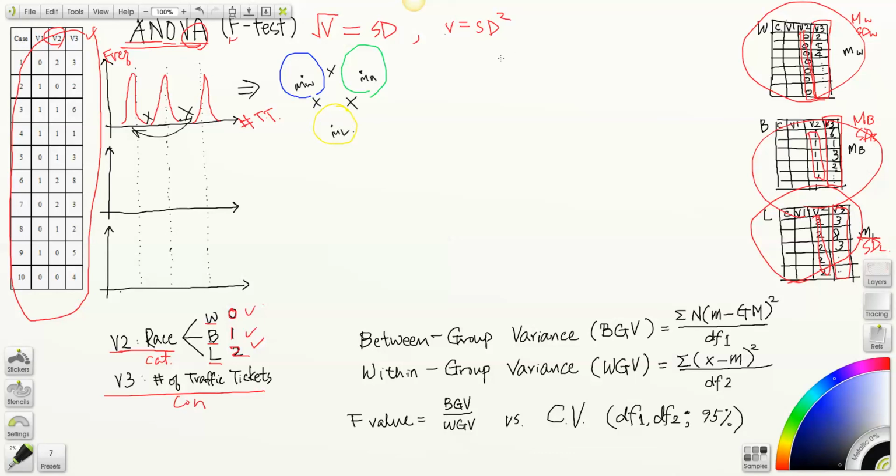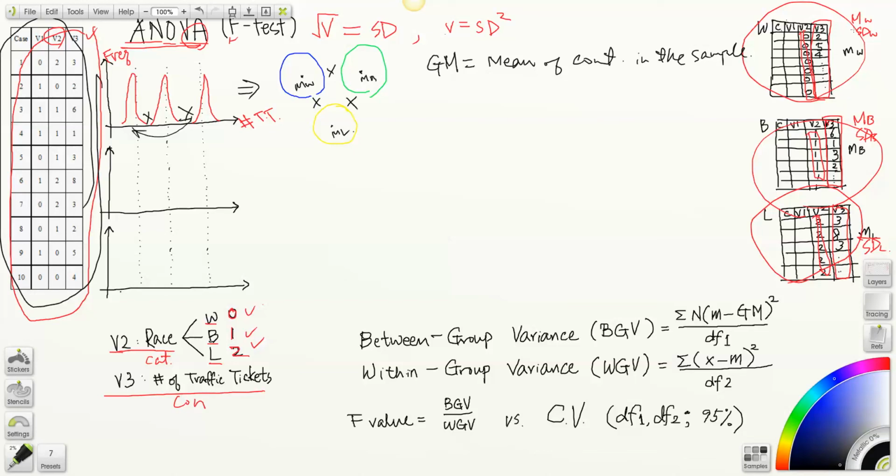So now I'm going to introduce a couple of new concepts for ANOVA. First one is grand mean. Grand mean is simply the mean of the continuous variable in the sample. And you need to make a clear distinction between sample and subsample. This is your sample data set.